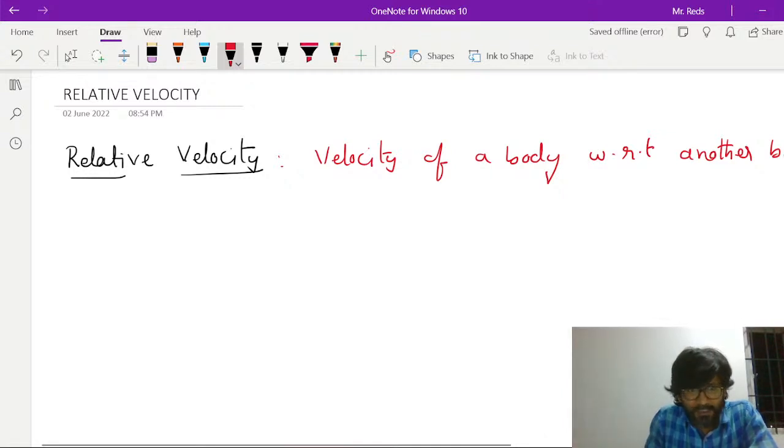For example, in general I will give you a formula for measurement of relative velocities.